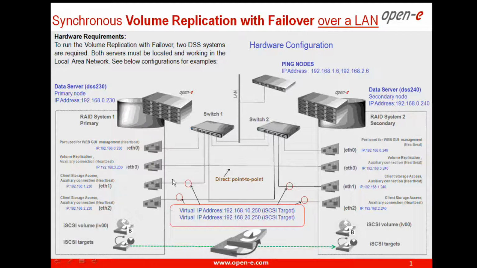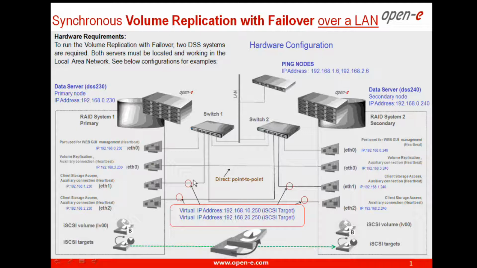Let's say we are losing the connection on both cards, then both cards will lose access to the ping node, and this will be the signal for our cluster manager to start failover, which means switching activity to the secondary server.